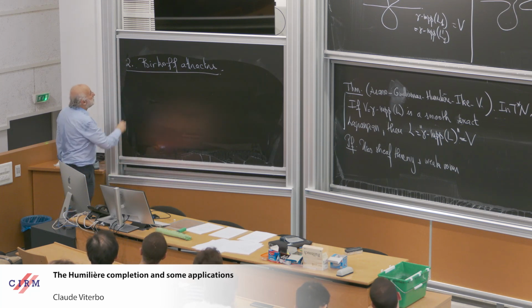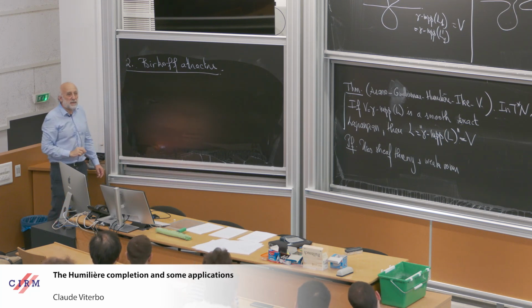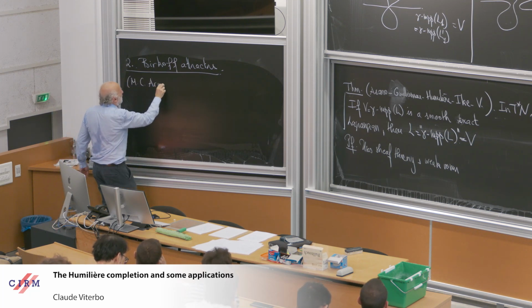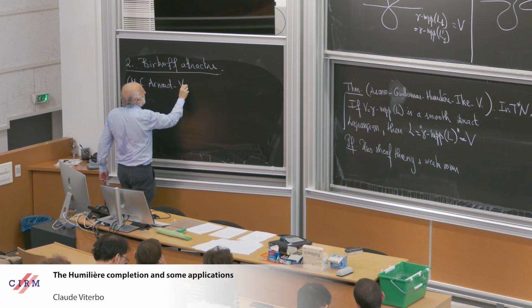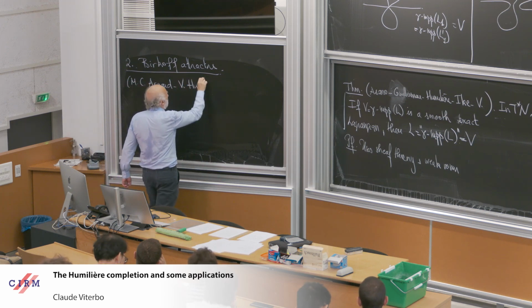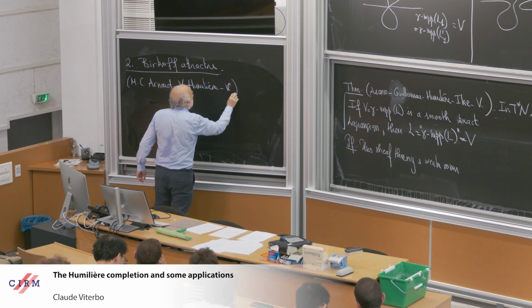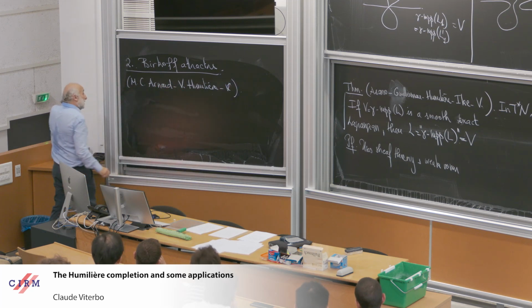So this is an extension to higher dimension of Birkhoff attractors, and this is again work in common with Marie-Claude, Vincent, and myself. Okay. And the idea is the following.